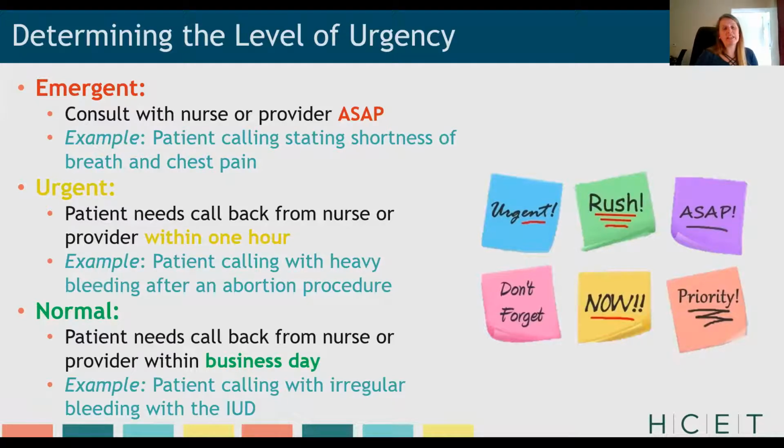An example of an urgent level would be somebody calling who maybe is having heavy bleeding after an abortion. That is something I want to talk to pretty soon, I don't want to wait till the end of the day to call that person back. And then lastly, the normal level, this would be somebody who may be calling saying, hey, I had an IUD inserted a month ago and I've been having some irregular bleeding or spotting going on. That's somebody who can get a call back that day.